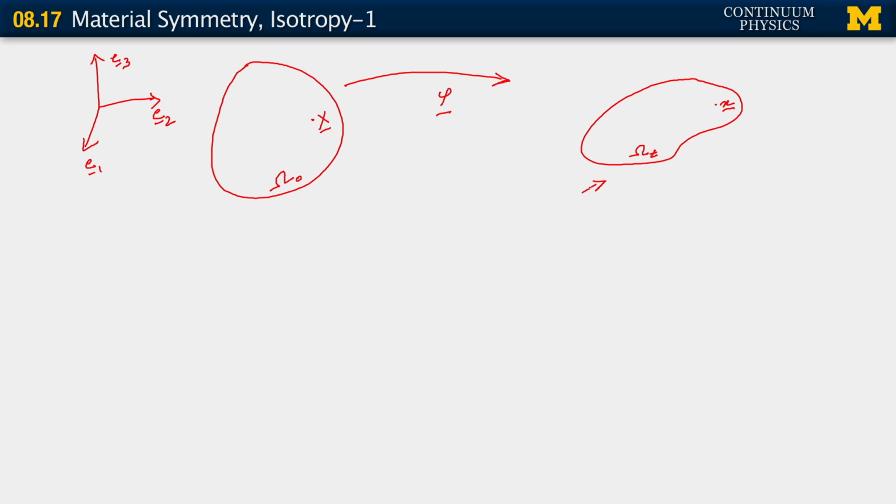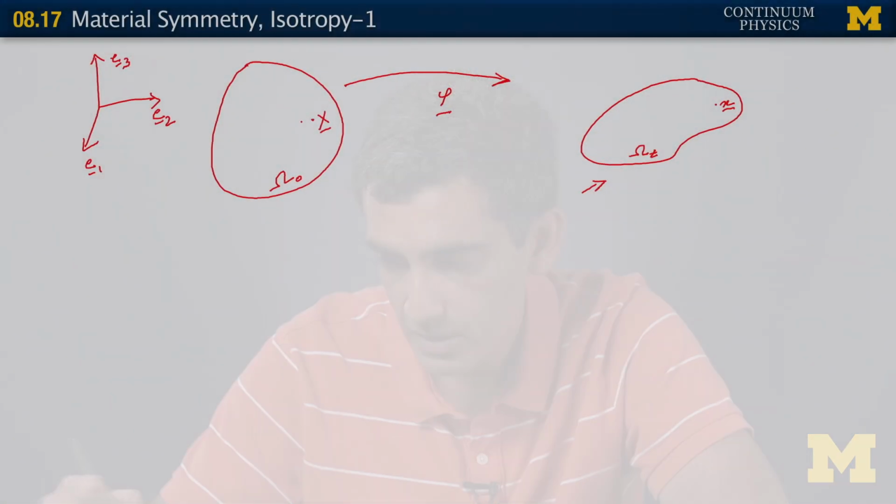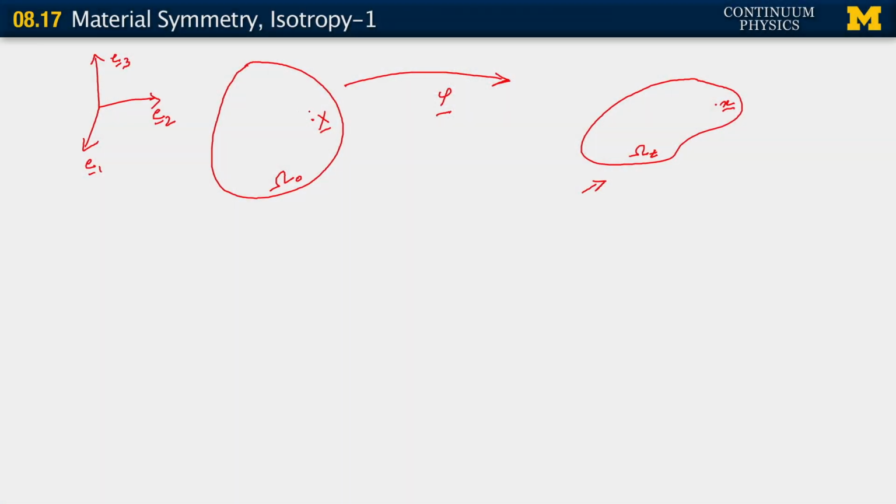Now we're going to use an operation that is related but is different both mathematically and physically. We're going to ask ourselves the following question, right? We're going to look at this point here, and let's suppose that the point x represents a neighborhood. Okay?